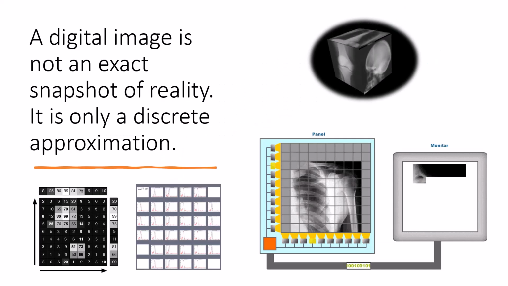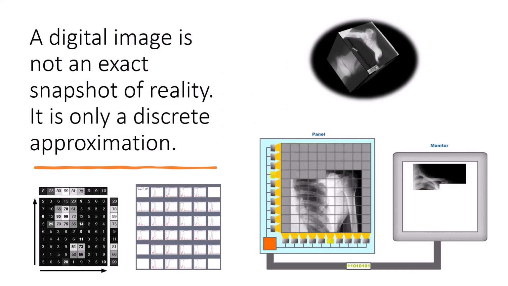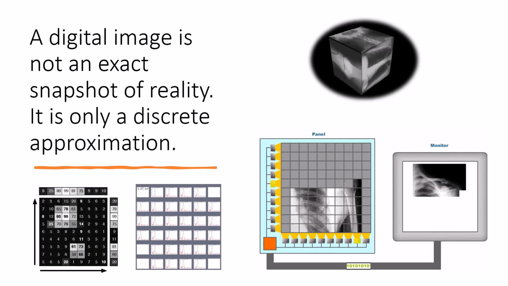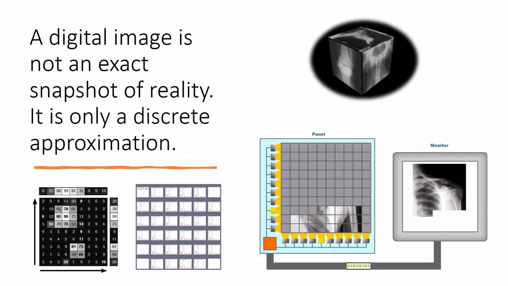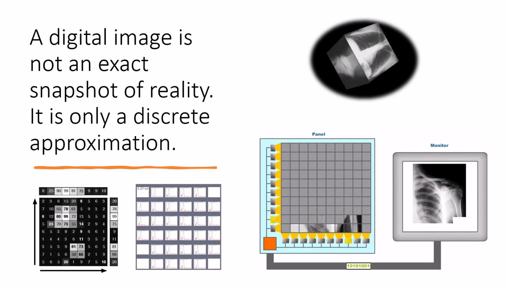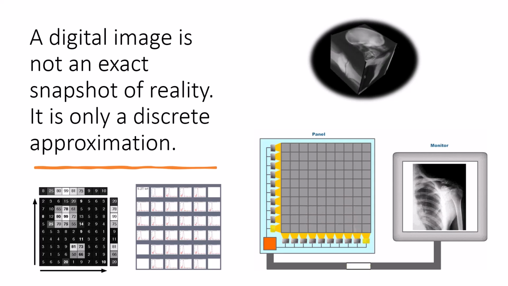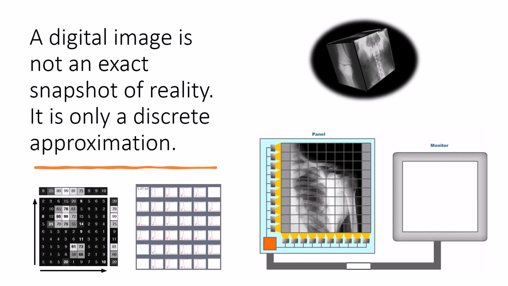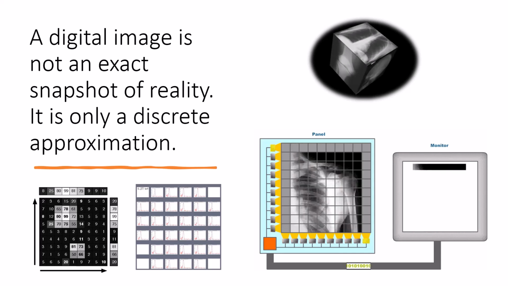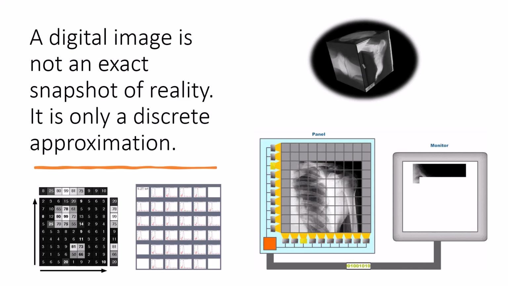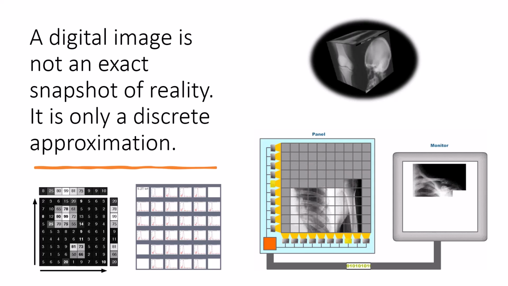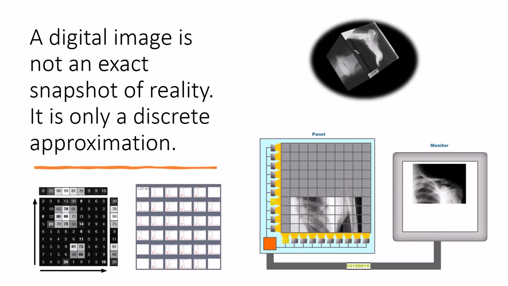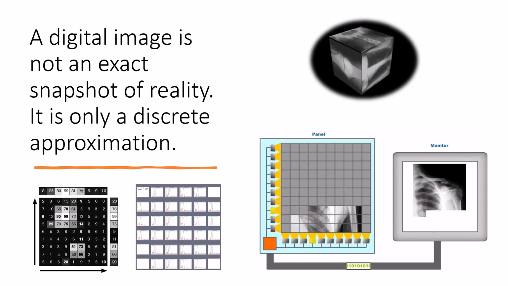It is very easy to change the data being displayed utilizing digital imaging. So a digital image is not an exact snapshot of reality. The data remains the same, but it can be manipulated to create different types of displays. The viewer can look at specific areas or change the density and contrast as needed.